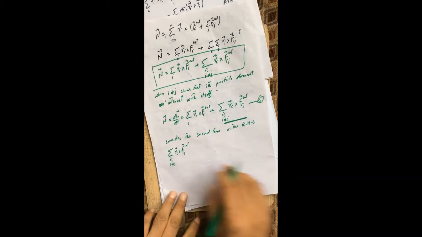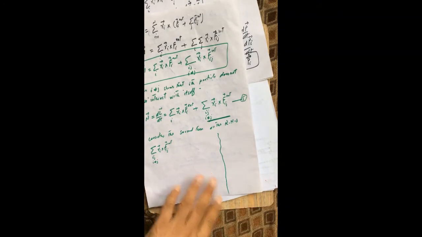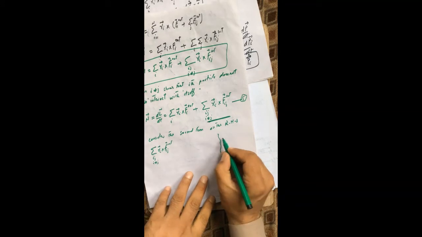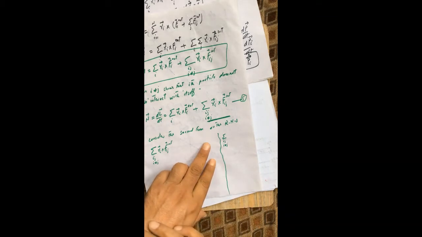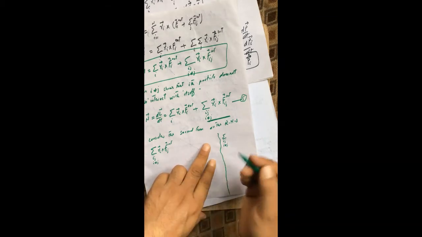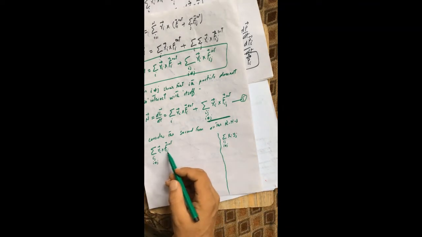Now before solving this term, I will consider a special case. I'll consider again the same sum over i, j such that i is not equal to j, with two quantities, xi and yj. This is the same as ri cross Fij.